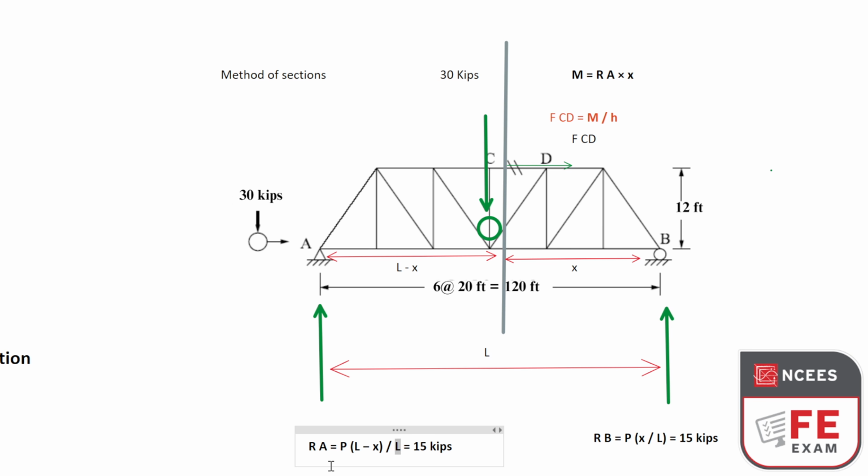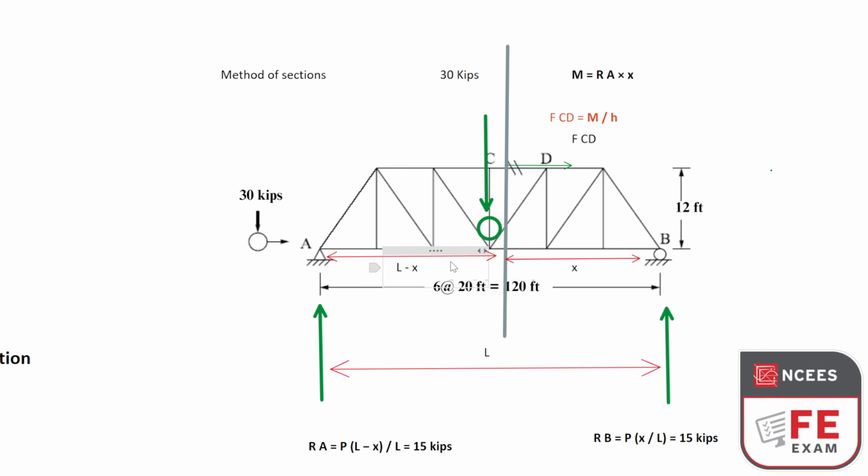That gives us the reaction at A. In this particular case L minus X will be equal to X, because when you do the method of sections over here, though this looks a little bit to the side, it will actually go through the center of this whole truss. So L minus X will be at the midpoint over here.